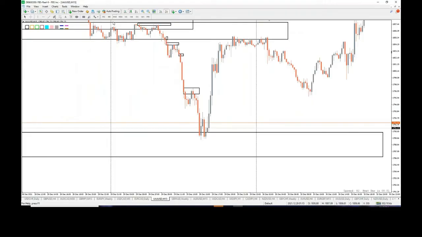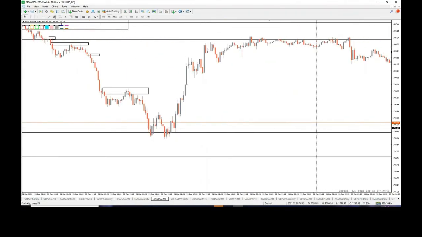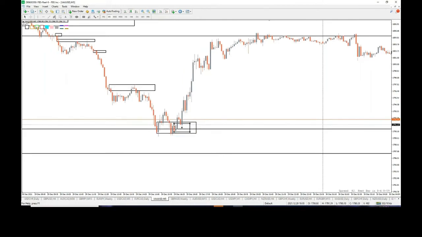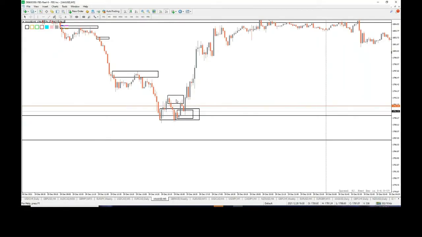But there's a confirmation on M5 of buy. The price makes another engulfing buy, and the price breaks this zone. So this is M5.